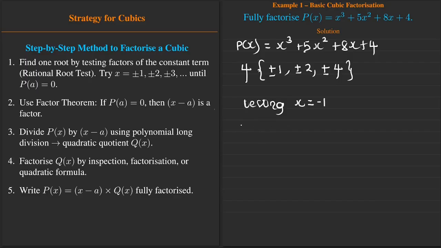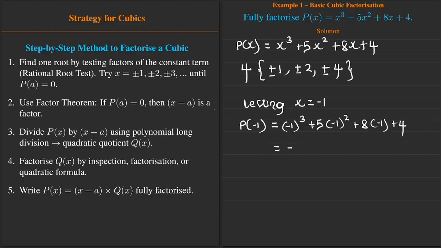So our polynomial at x equals negative 1 is equal to negative 1 cubed, plus 5 into brackets negative 1 squared, plus 8 into brackets negative 1, and then plus 4.